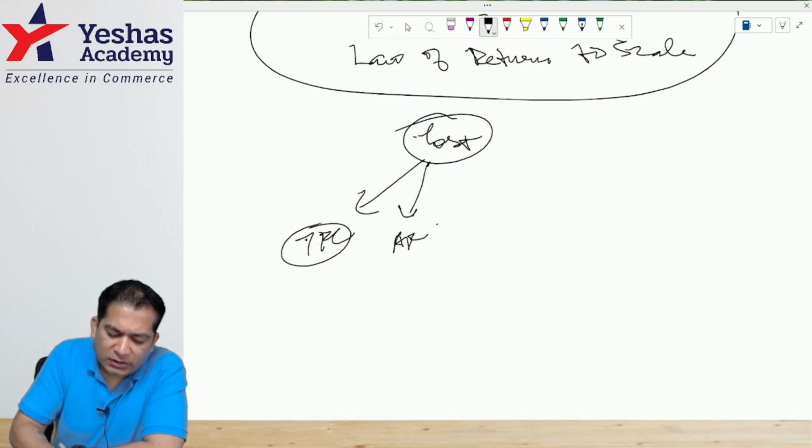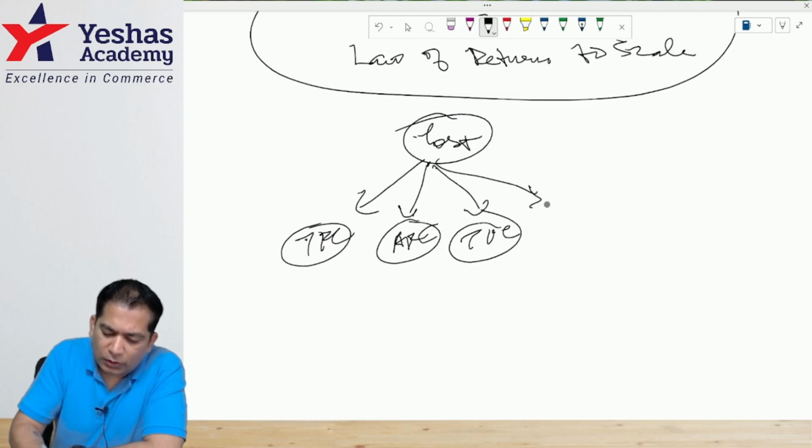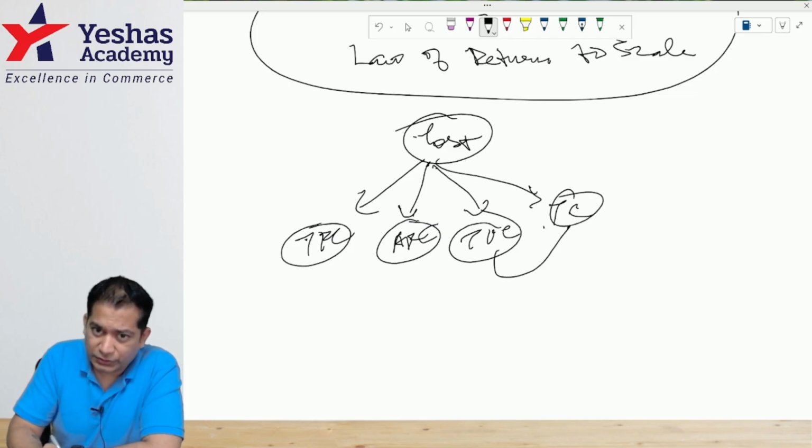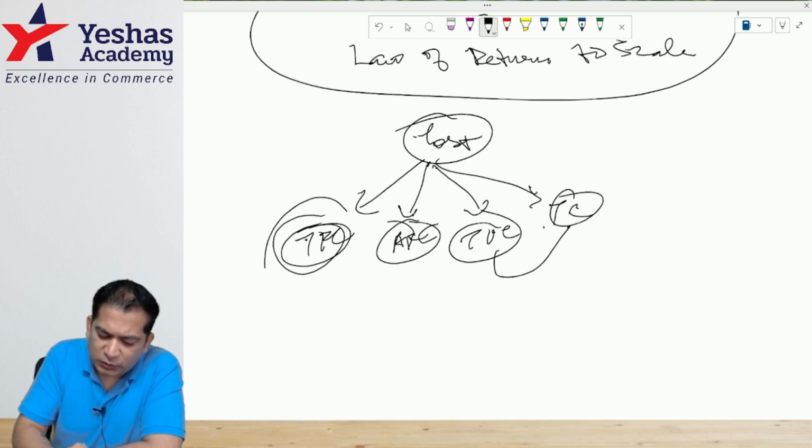average fixed cost, the diagram related to it, total variable cost, total cost, and the relationship between total cost and total variable cost, the relationship between average fixed cost and average total cost.